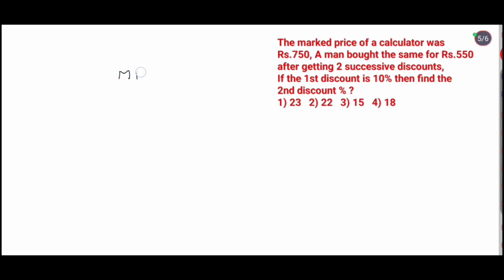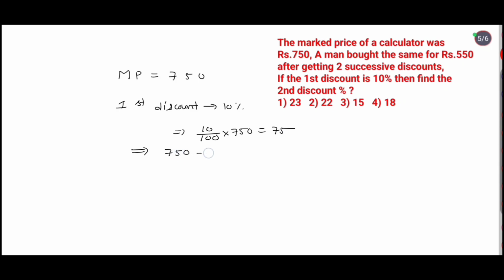After two discounts, he bought it for 550. First discount 10%, so 10 by 100 of 750 equals 75. Market price 750 minus first discount 75 gives 675 after the first discount.